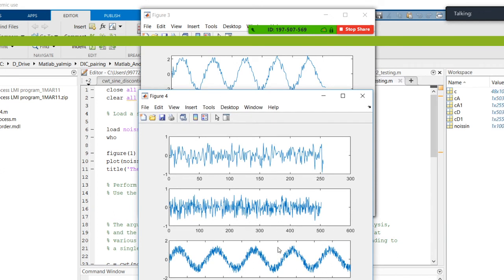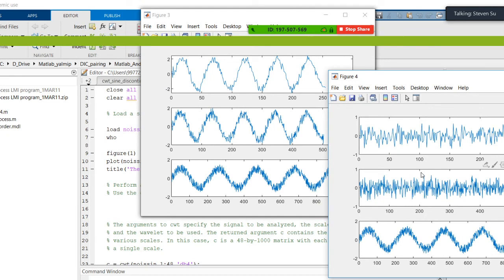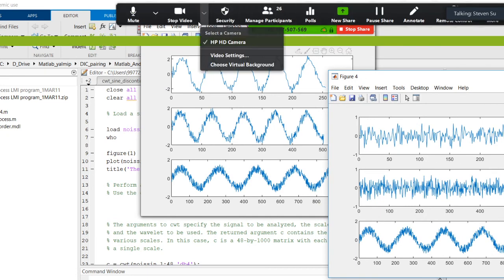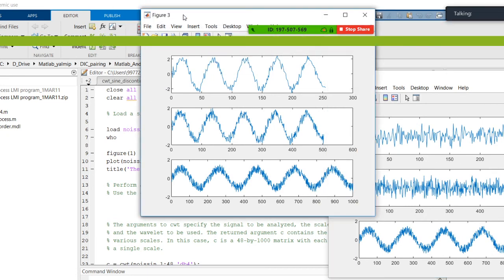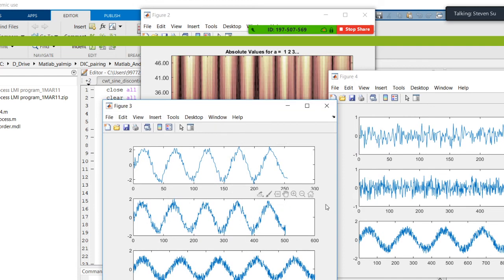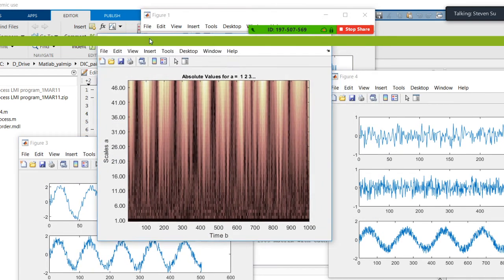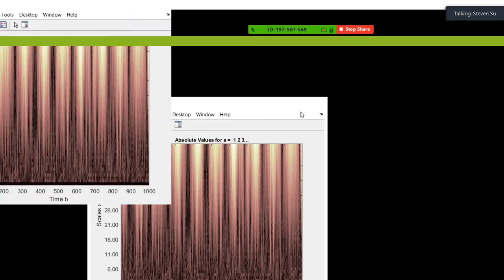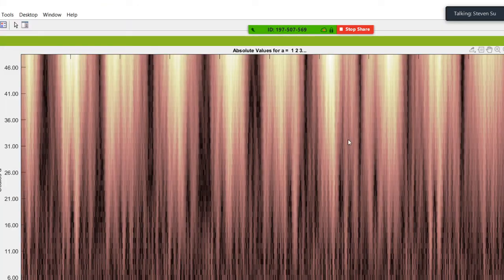This is the original signal, and this is for different stages of the noise. This is an approximation in the DWT. And this one is a CWT.